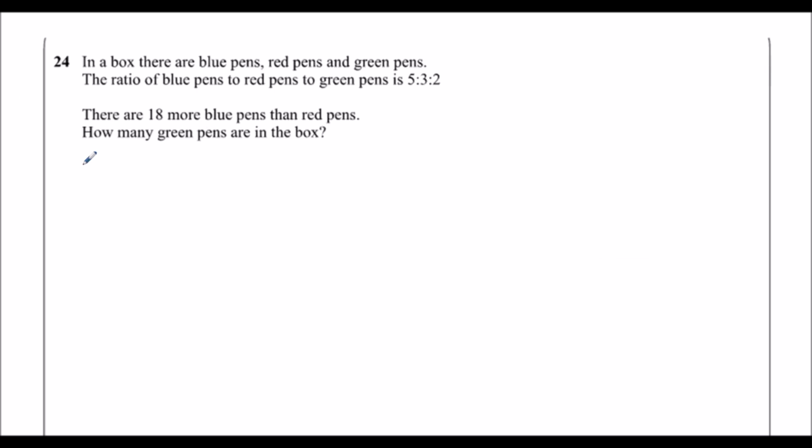Question 24. In a box there are blue pens, red pens and green pens. The ratio of blue pens to red pens to green pens is 5 to 3 to 2. Blue to red to green.